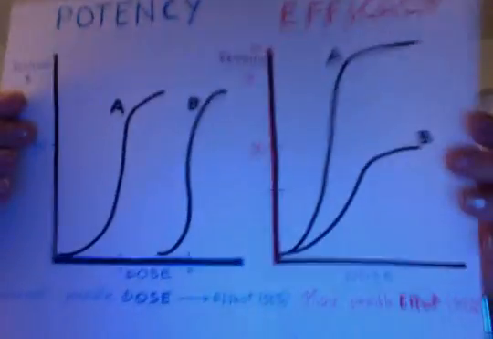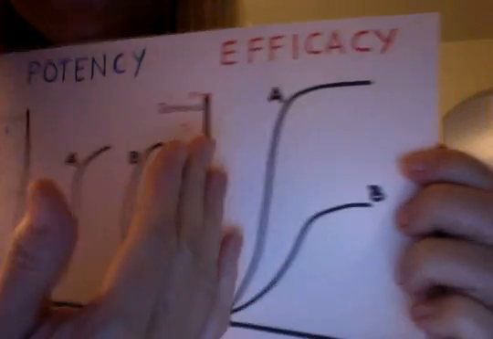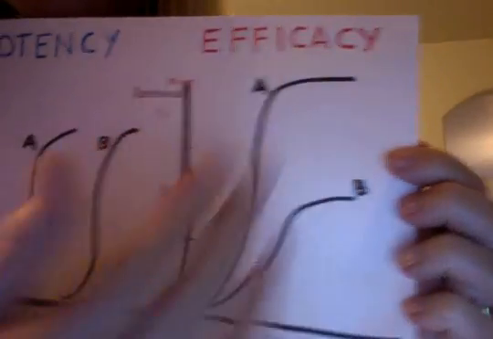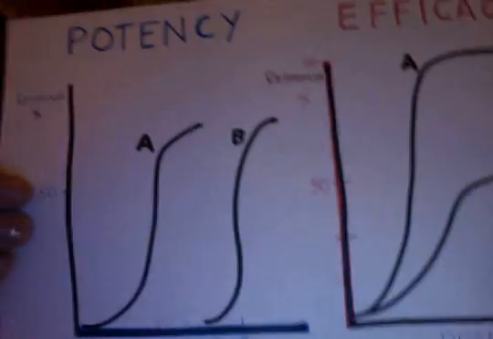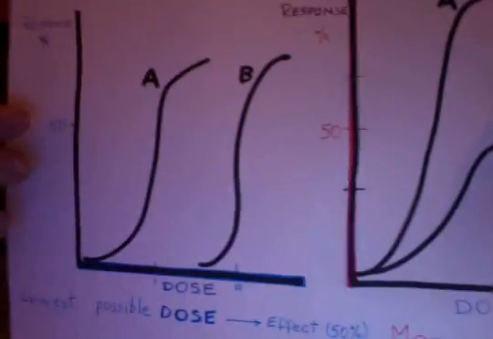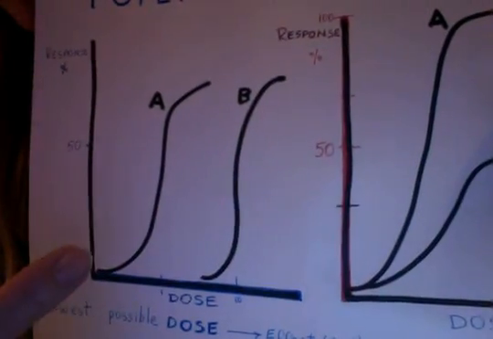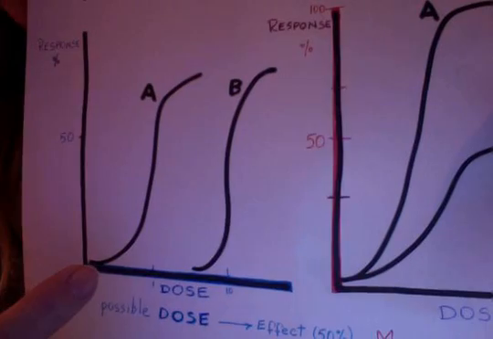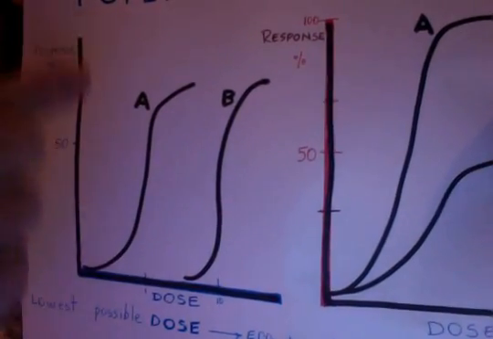Here we have two graphs, one with potency, and on the right side we have efficacy. Potency would be the lowest possible dose for an effect to happen in at least 50% of the population. So the lowest dose would be close to this axis.